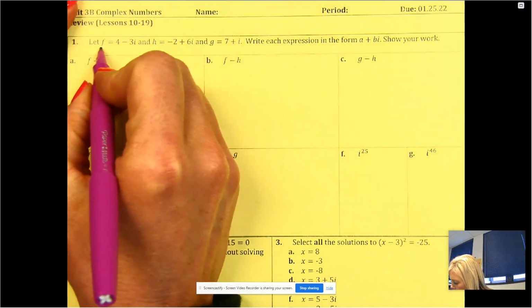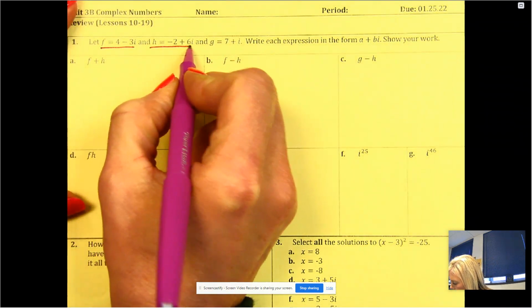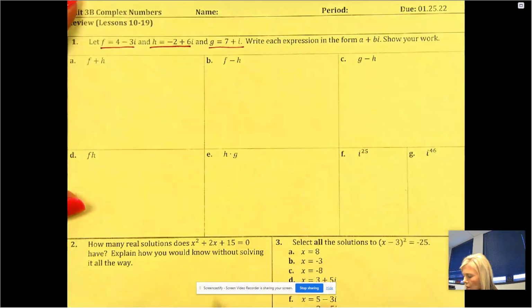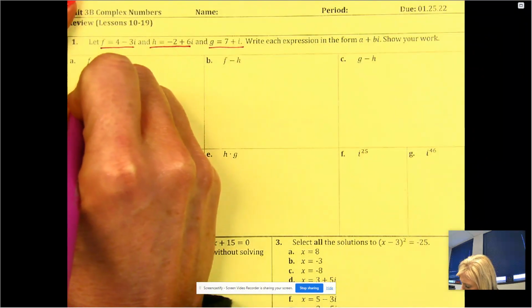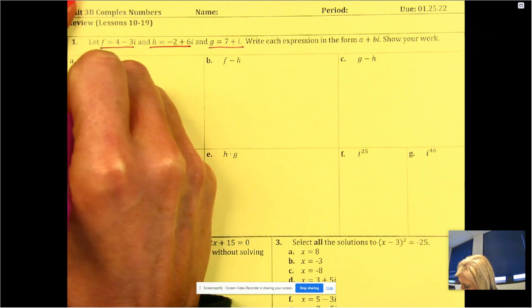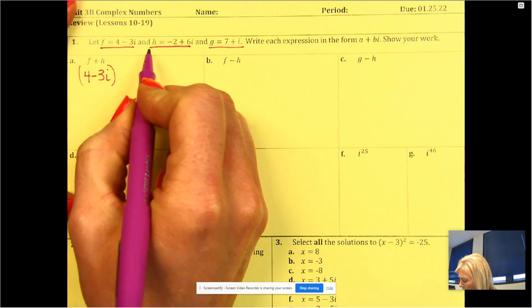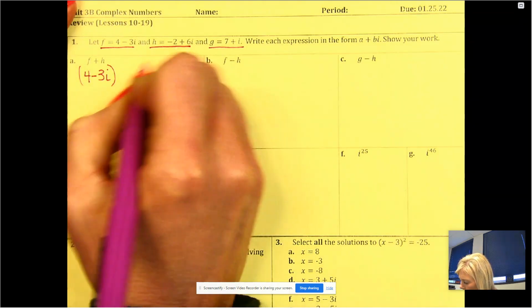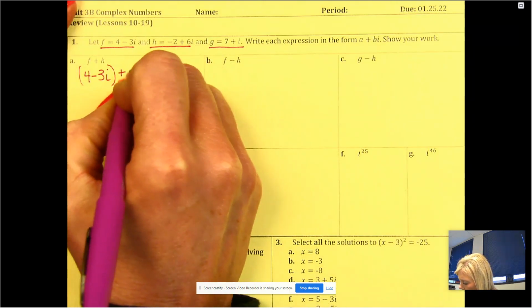So we have a value for F, for H, and for G. So for A, F plus H, F is 4 minus 3i, and H is negative 2 plus 6i, and we're adding.